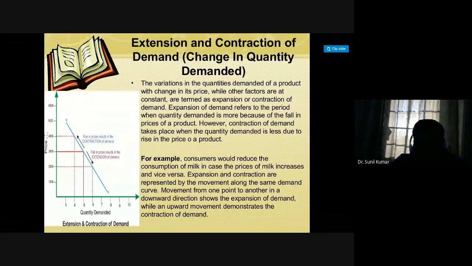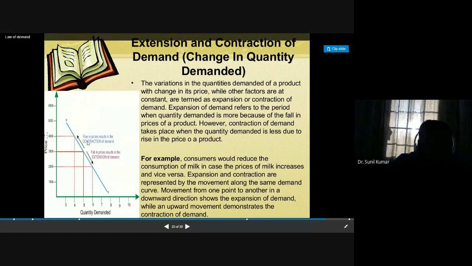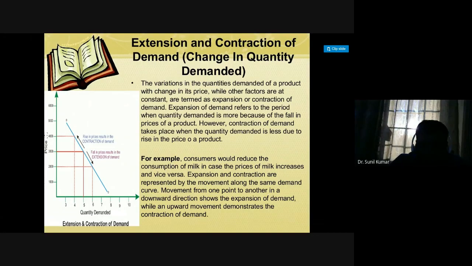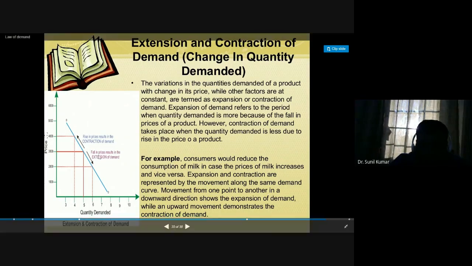See, in a single curve they have created it, but actually you have to face two types of curve here, because one side is the extension of the demand curve and the other is the contraction of the demand curve.